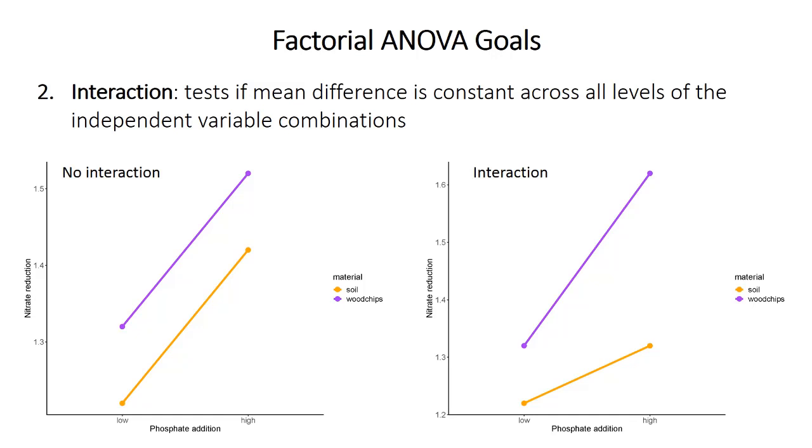The shift from soil to wood chips, likewise, causes the same change in nitrate regardless of whether it's low or high phosphate. However, the graph on the right does show an interaction. Different combinations give you different outcomes. The effect of phosphate is much larger in wood chips than it is in soil. The effect of switching to wood chips is much larger when phosphate is high than when it's low.